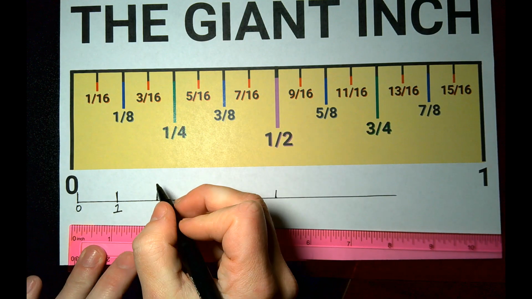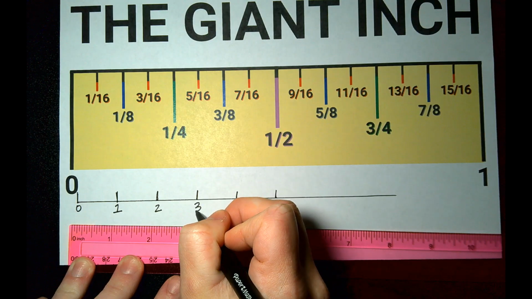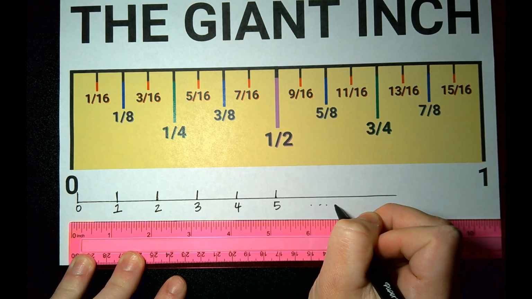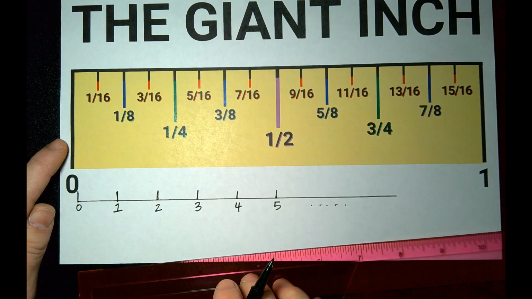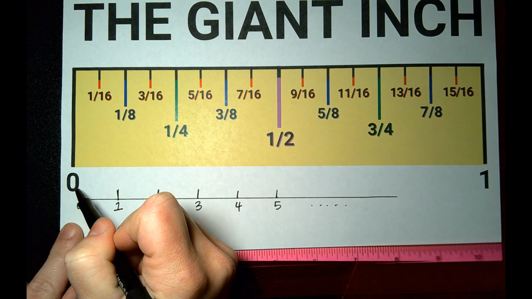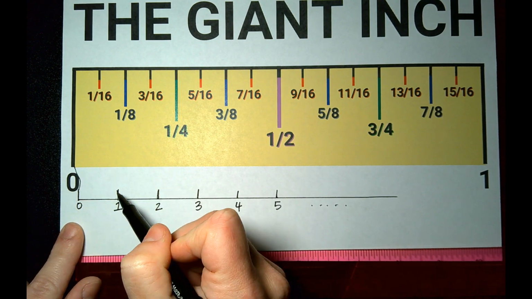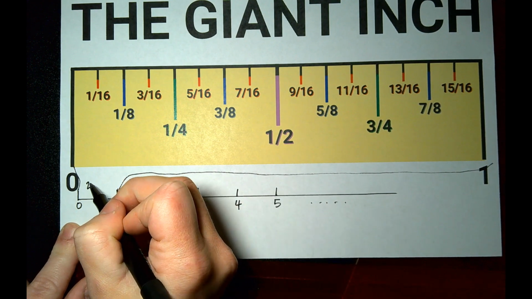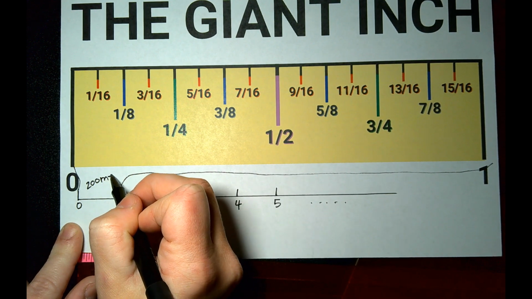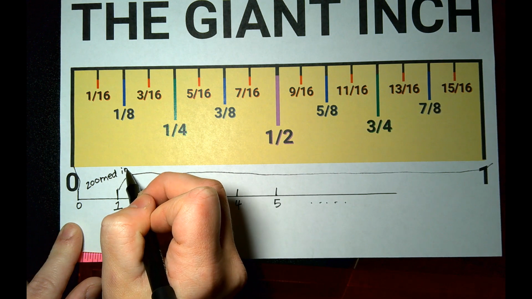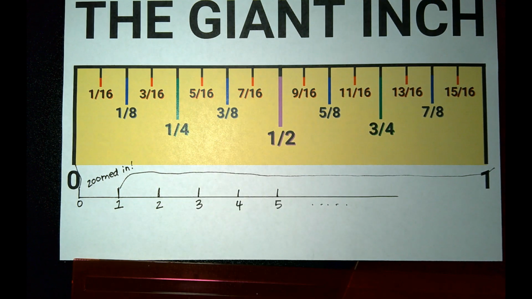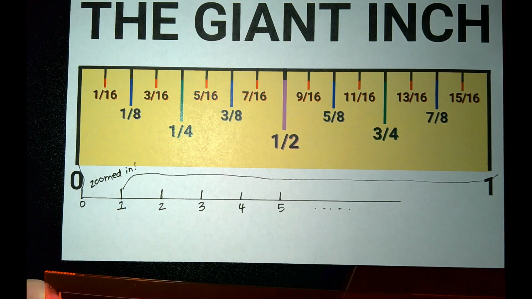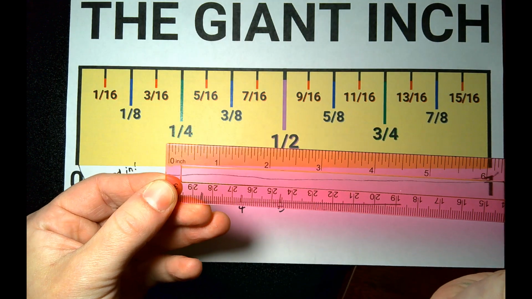So we can label these more if we like. And it just goes on. So we're going to use this to help us, zoomed in. And that's all this is. It's just a little guide to see kind of the zoomed in markings on our rulers.